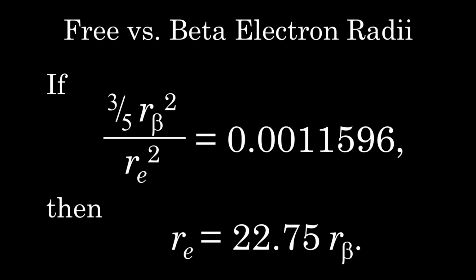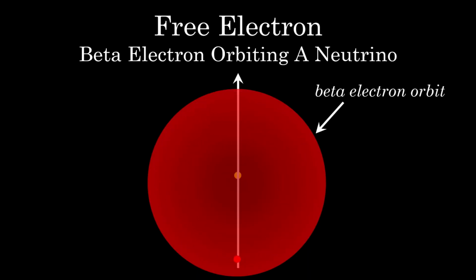From this, it appears the radius of a free electron is about 23 times the radius of a beta electron. The anomalous magnetic moment indicates that the free electron is not a thin-shelled hollow sphere, but a beta electron in a high-speed precessing orbit about a central electron neutrino with a radius about 23 times the radius of the beta electron.